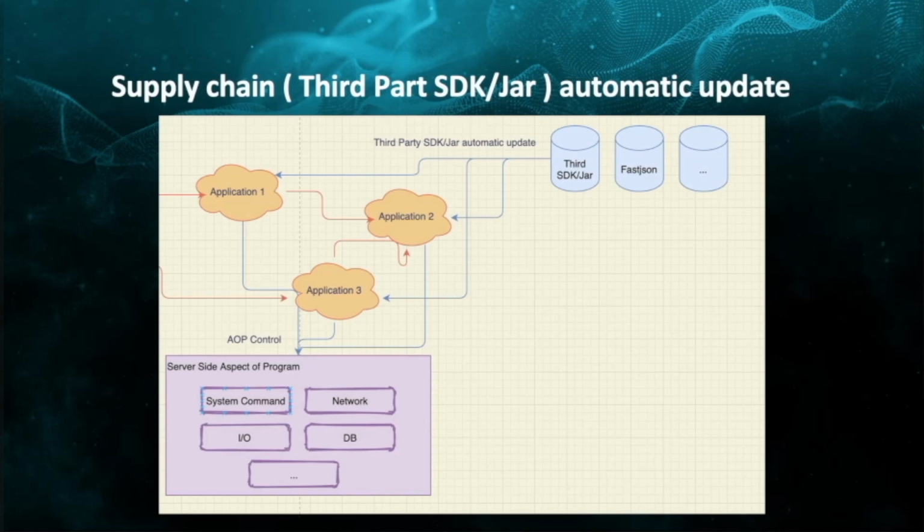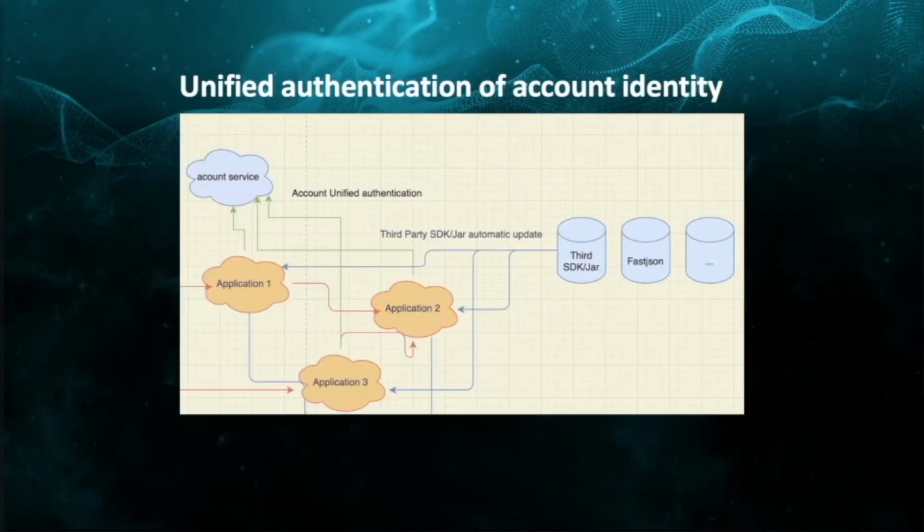In addition, automated upgrades of third-party SDKs in the supply chain and unified security authentication for different application systems can also help build a more secure application system behind the gRPC protocol.